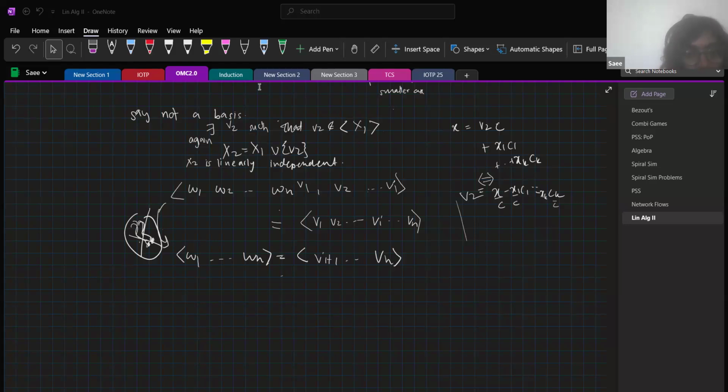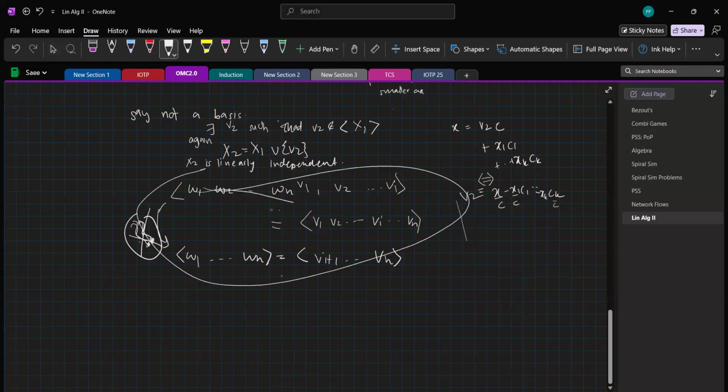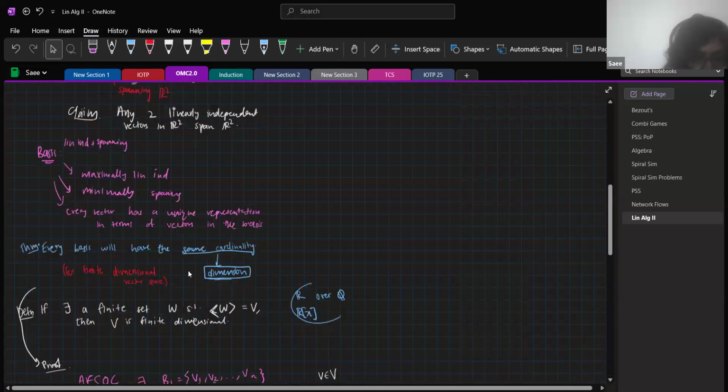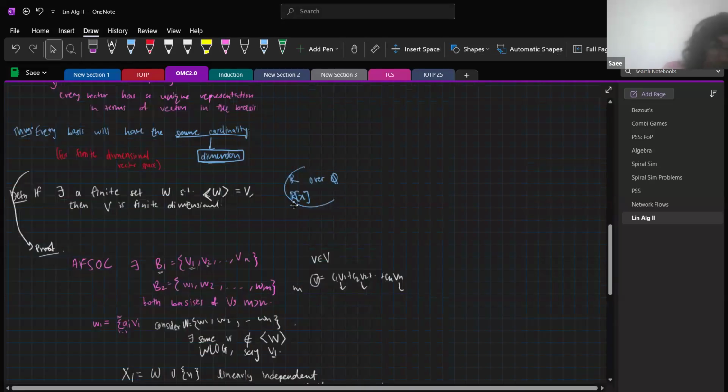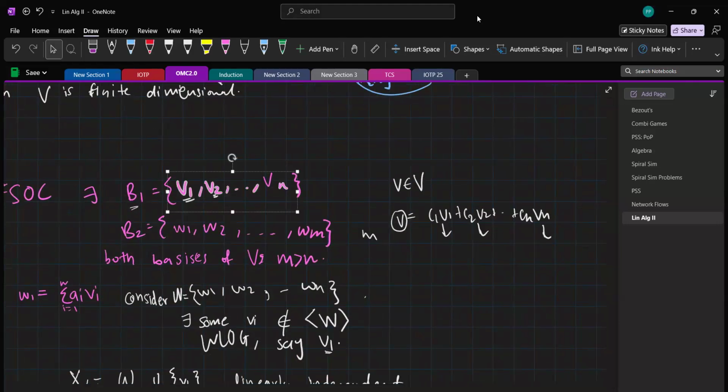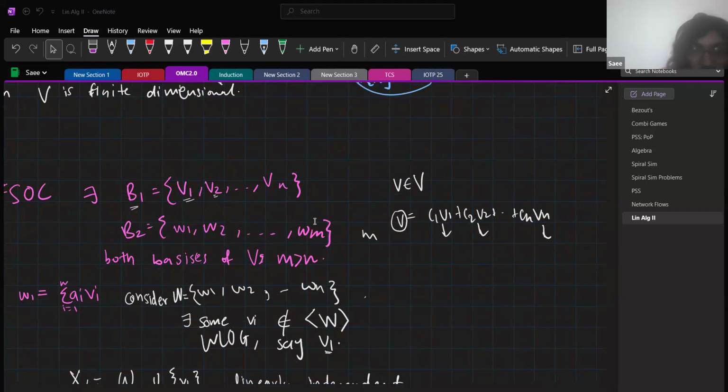If we say V1 to Vn is linearly independent and W1 to Wn is linearly independent, then we can write the Wi as a span of the Vi's, and then we can write V's in terms of W's. Like, V1, V2, Vn union W1 is not linearly independent, and then we can remove something other than W1.